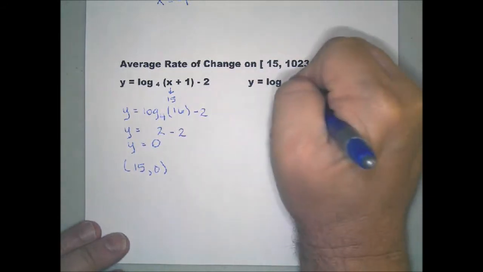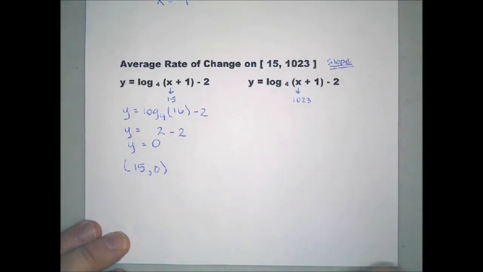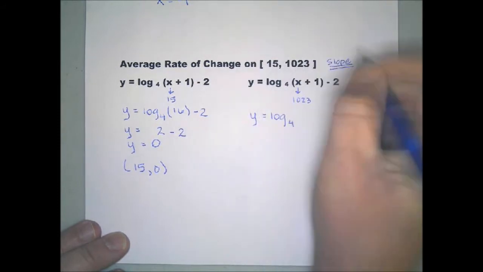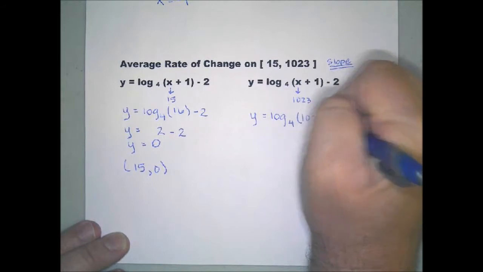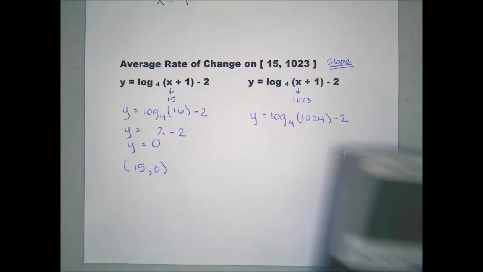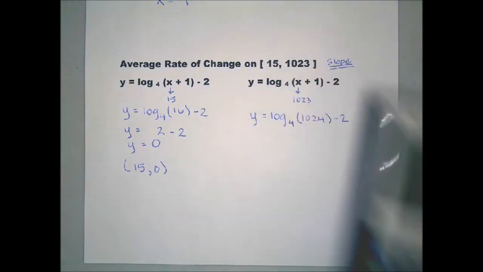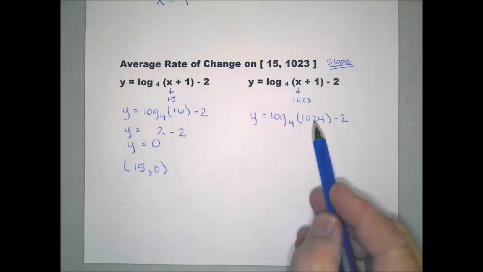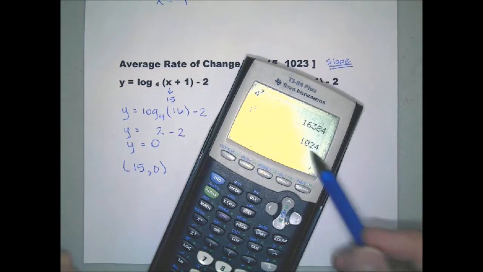But where is y when x is 1023? So I'm going to plug in 1023. So the equation is y equals log base 4 of 1024 minus 2. Now remember I promised you the numbers were going to work out. All you have to do is play around with your calculator for a second. What power turns the number 4 into the number 1024?